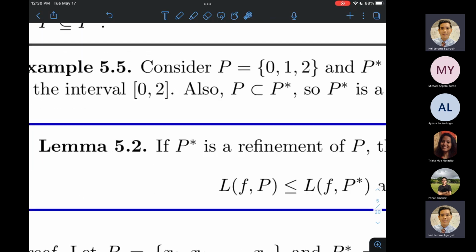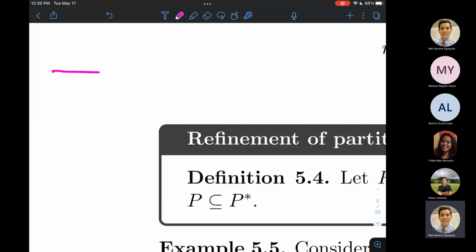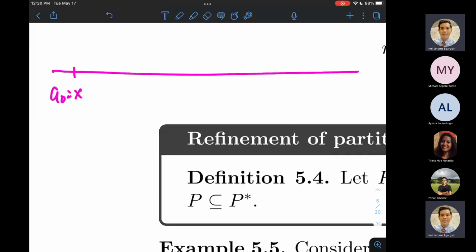So halimbawa, nag-start ka na ng P. Oops, baligtad. Halimbawa, ito si B equals X little n. Alright? So, halimbawa, ito yung partition P mo. Pag ang ginawa mo, nagdagdag ka pa ng mga partition, ng iba't iba pang mga elements sa partition inducer.